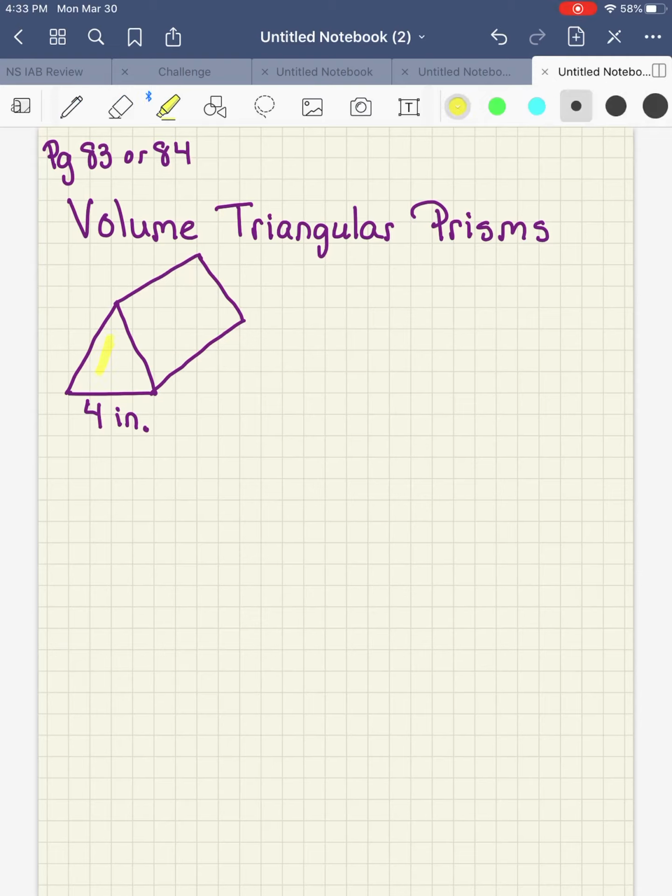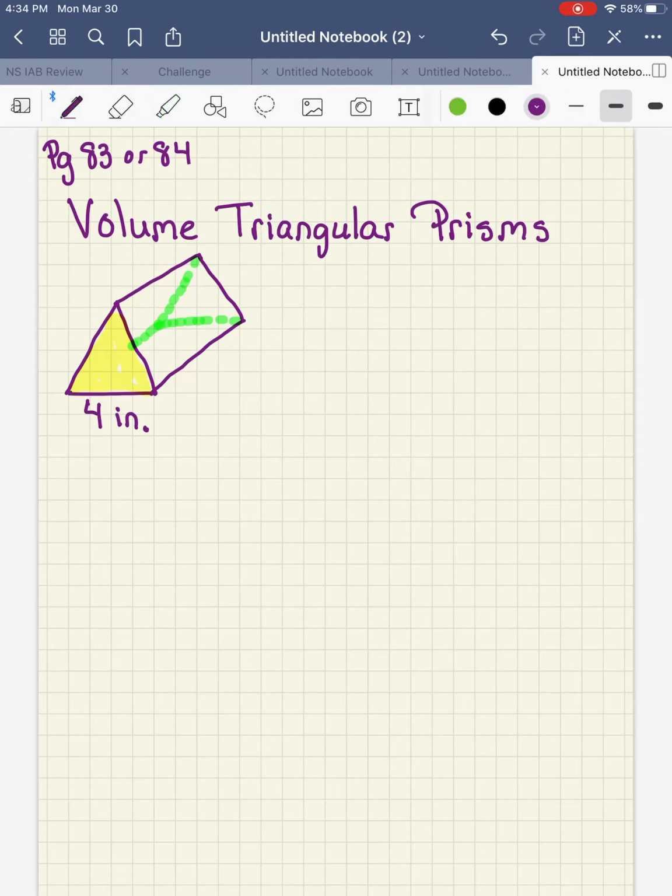The base is a triangle, right? And the thing about a prism is you have two bases, the front and the back, and so there's sort of another triangle back here. I'm going to sort of make dotted lines there that we can't really necessarily see, but we can pretend like we can. I don't know if that's helpful or not.